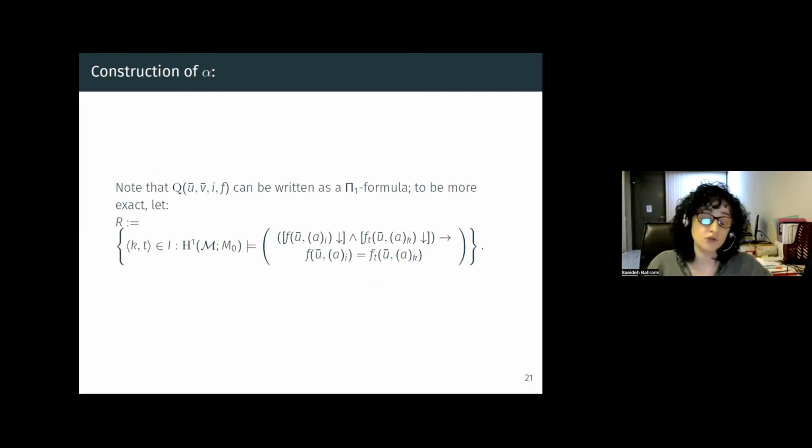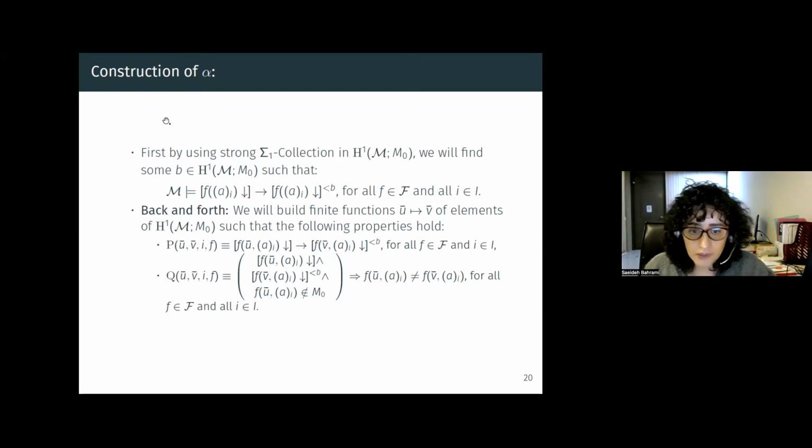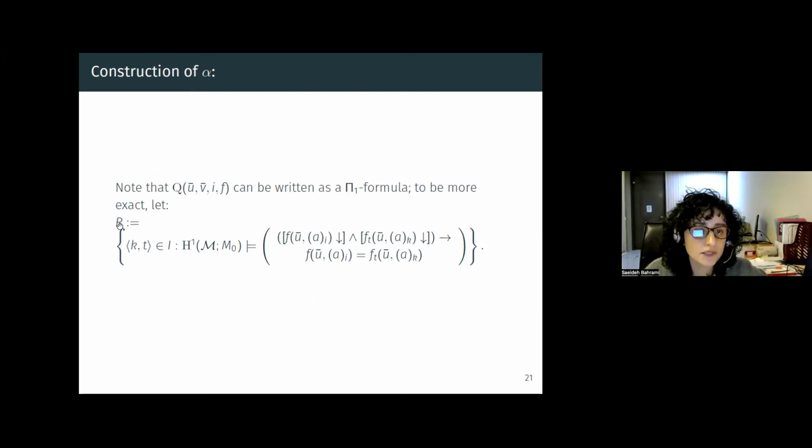And it's easy to get rid of this part because I is strong, and this says that we want f of u and a_i not to be in M0. So we define a subset R of I, which says that f of u and a_r is in M0. It says that there exist some k and t in I such that f of u and a_r is of the form f_t of u and a_k.